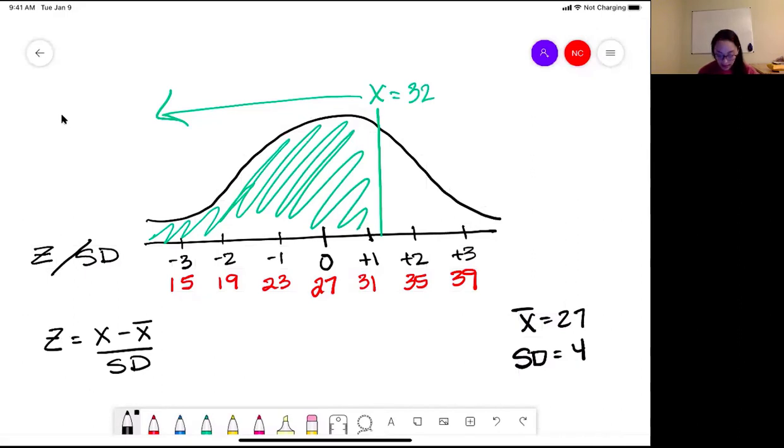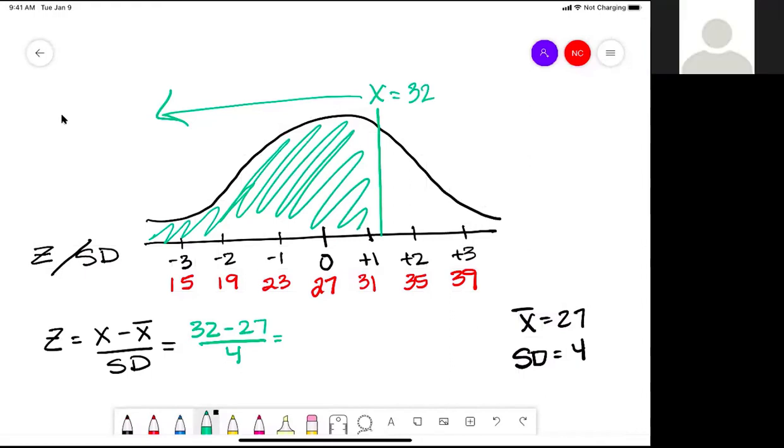So we can easily calculate what z would be for our raw score of 32. We take 32 minus 27 and divide it by 4. You get like 1.25 or something. I'm going to do my maths because I know it's not an even number.